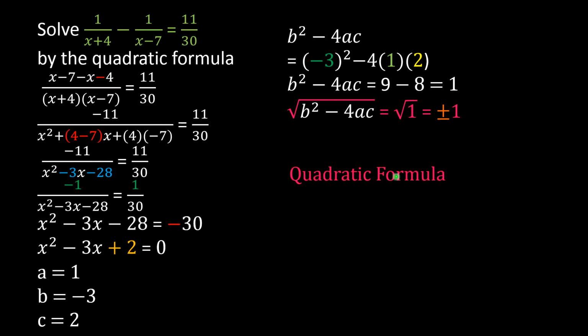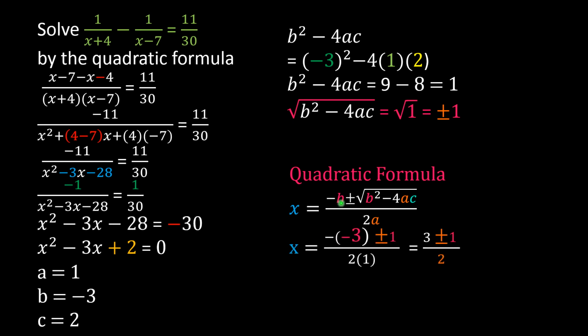Now we write the quadratic formula, which is x equals minus b plus minus under root b squared minus 4ac upon 2a. We will substitute the values. We have b equals minus 3 and under root b squared minus 4ac is plus minus 1. Now minus multiplied by minus 3 will be plus 3. 2 multiplied by 1 will be 2.